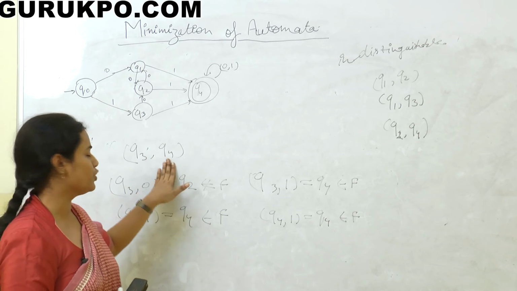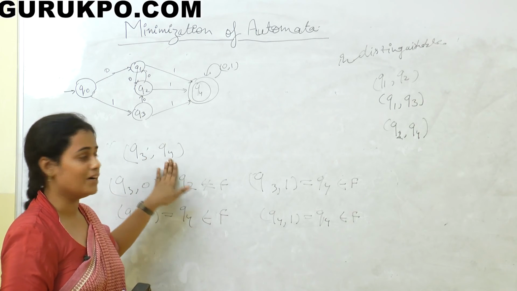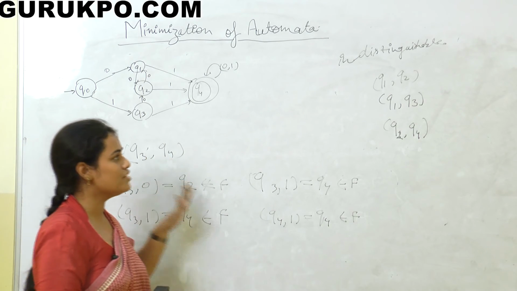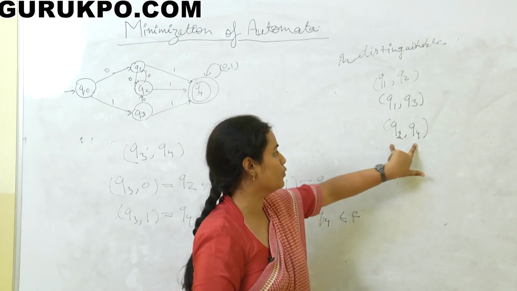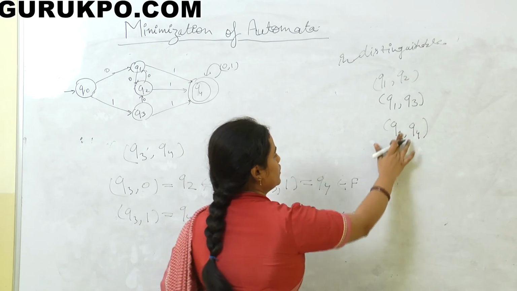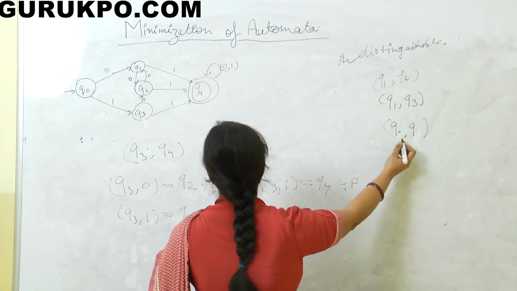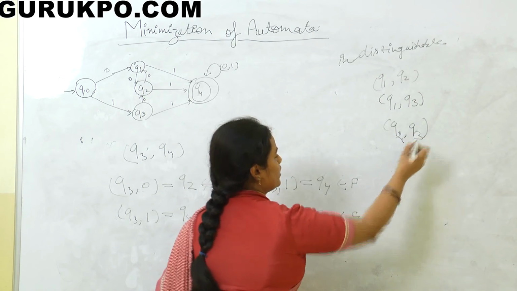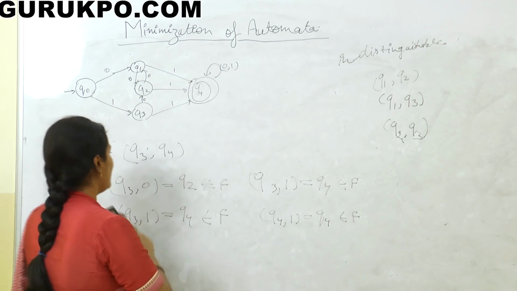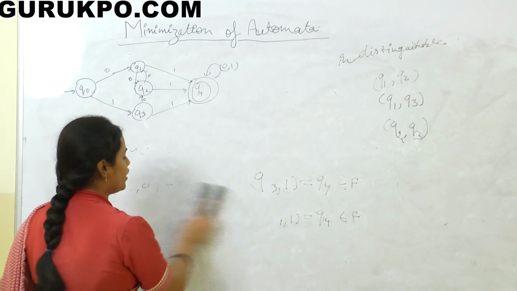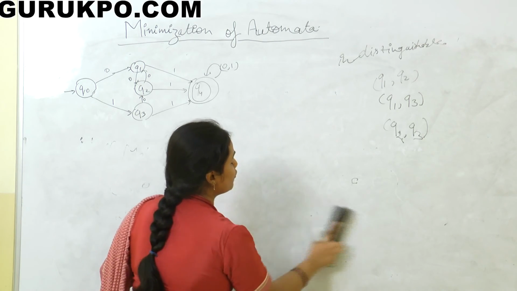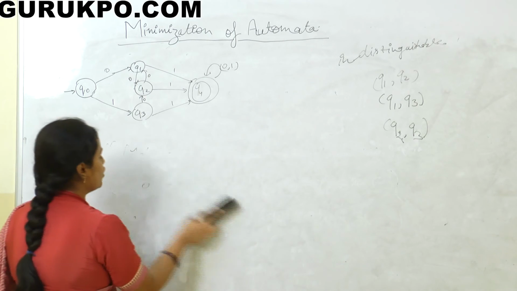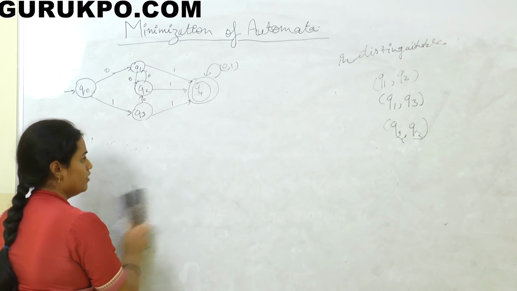You cannot merge Q3 and Q4. You can merge only Q1, Q2, Q3. Till now, we have found out what states can be merged and what states cannot be merged.